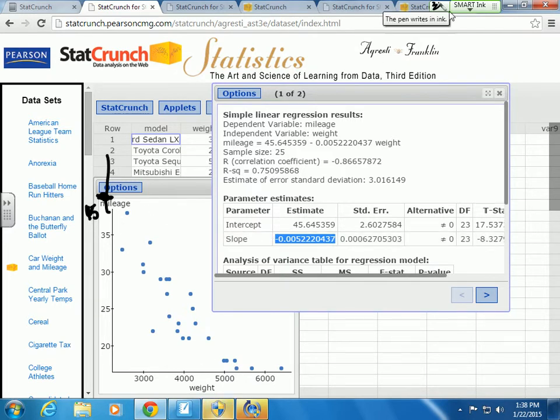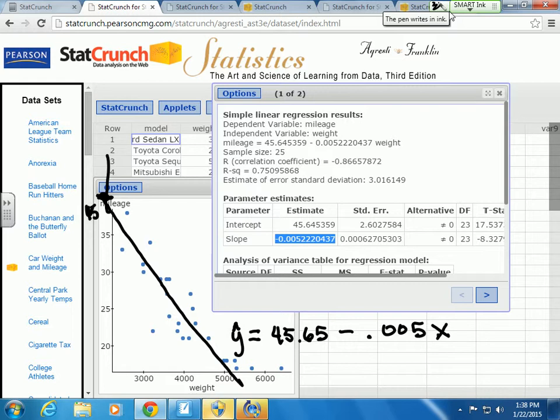So that slope is coming down, and if we write the equation of the line from there, we get y hat equals the intercept, I'm going to just call it 45.65, minus 0.005x, and that is the line of best fit.